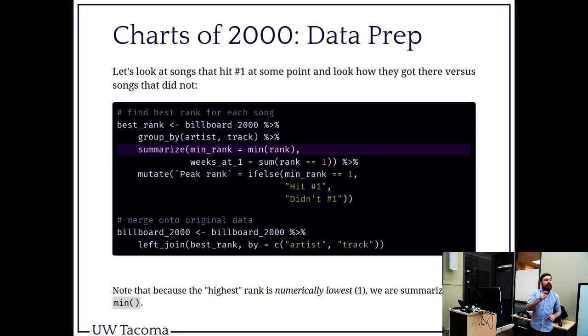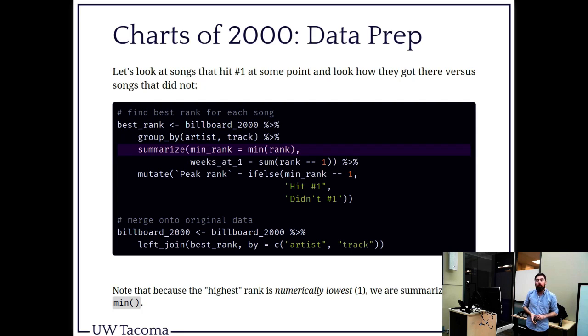So I'm going to say summarize. Its minimum rank equals the minimum of rank. So the best possible rank is 1, which is the lowest rank score. So I say minimum. If that minimum equals 1, I want to say that week it was at rank 1. The second thing I'm doing is weeks at #1 is equal to the sum of this logical condition, rank equals 1.